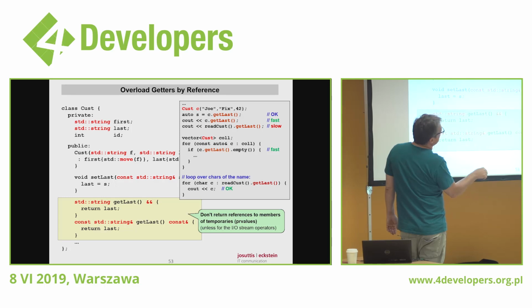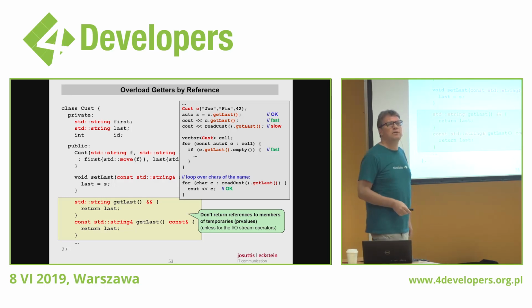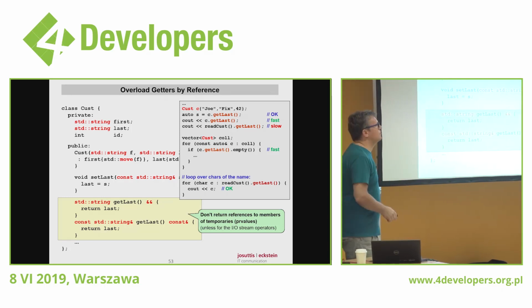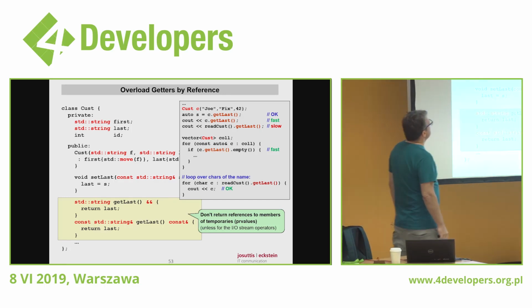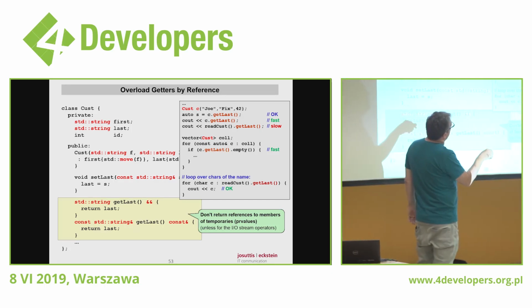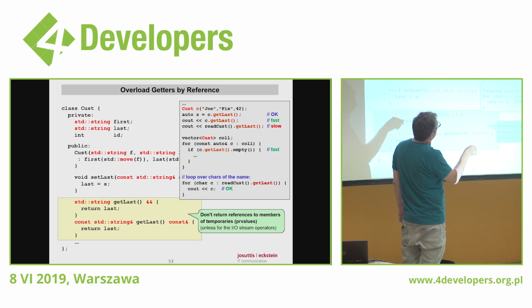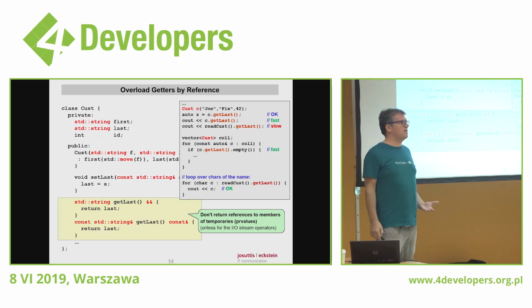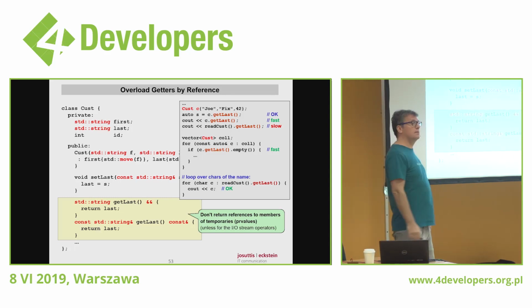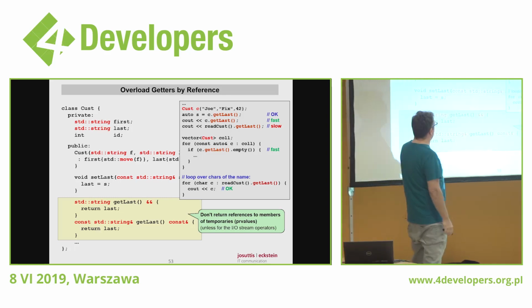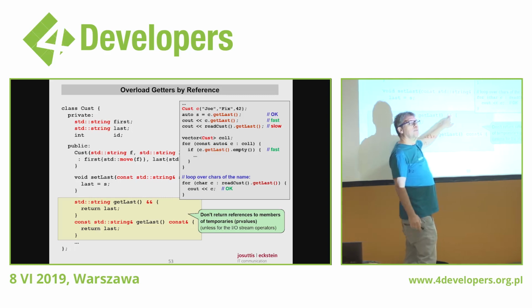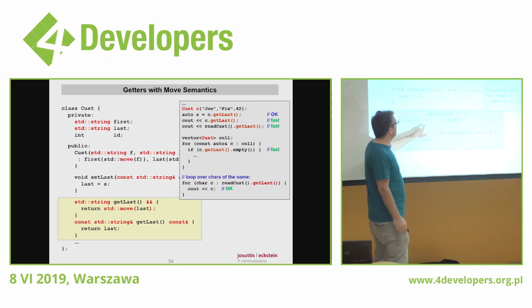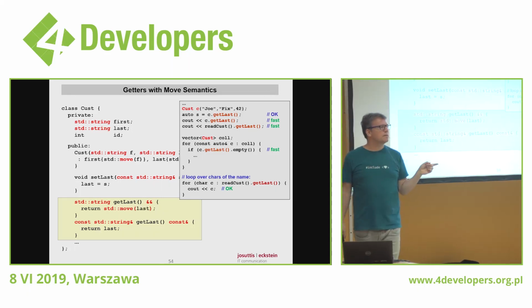So this will be called, and we will not unnecessarily create a copy of the last name. Here we have a slow, and this also applies here. So if we have a temporary object and we call get_last, can we make this faster? Yes, we can. Because this is a temporary that's about to die. So let's steal the last name from it.